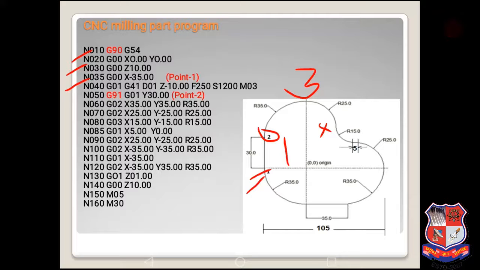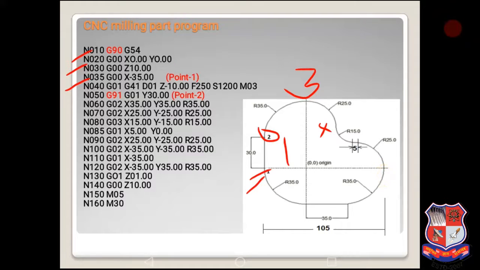We use the command G02 and the x coordinate value is negative because our last point is in right direction, that is 35 mm away from the end point.